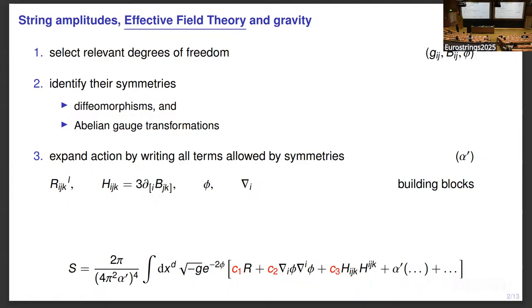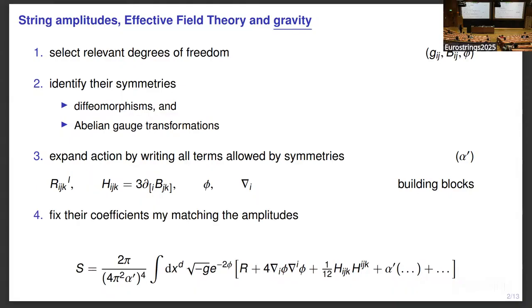And in principle, we get the blueprint for our low energy effective action. Of course, you know that you could write down an infinite number of terms, so we have to find some parameter to expand in, and this is usually alpha prime, which just counts the derivatives. So this is, of course, what you all know, and in principle, after we have now matched with our string amplitudes, we get here our coefficients.